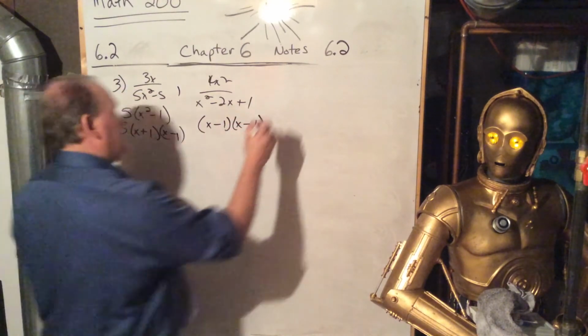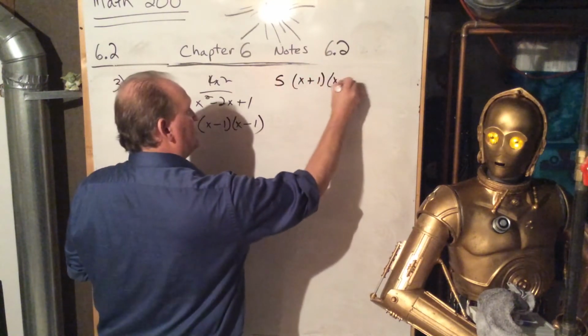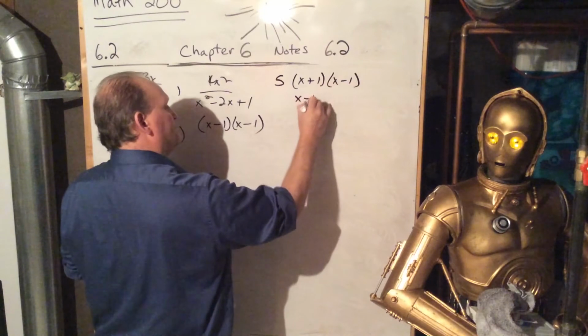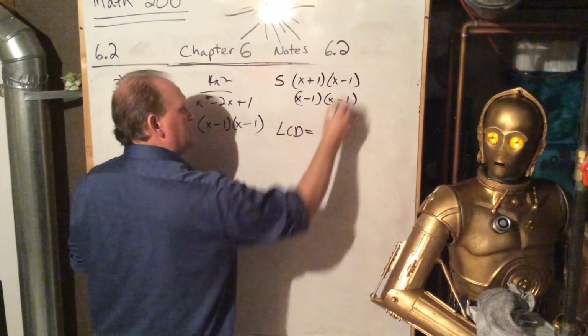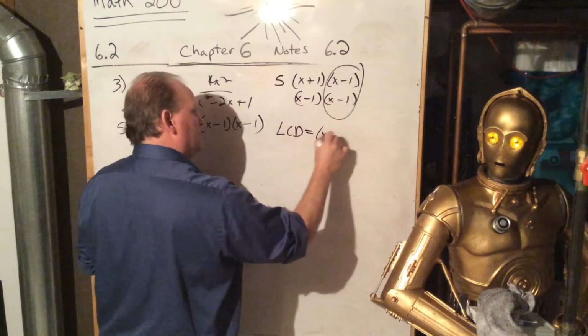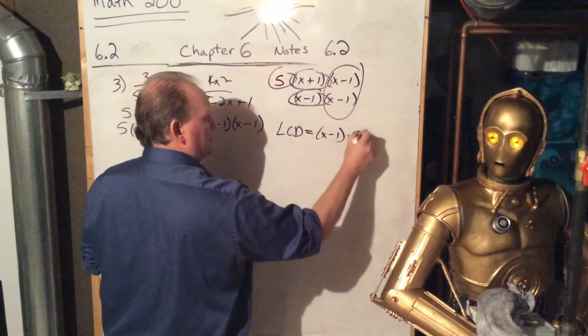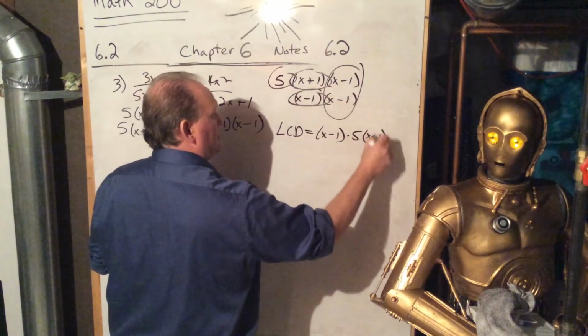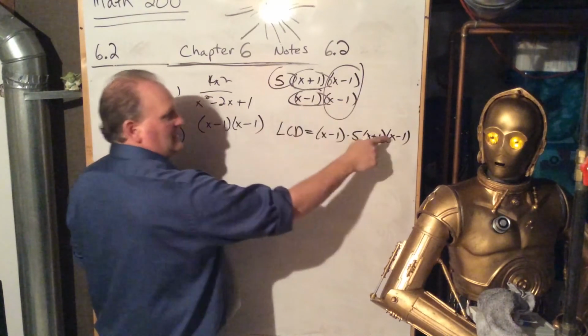So, if we stack them up next to each other in factored form, the LCD, we take what they have in common, and then all the leftovers. And even though we took this as a match, we also take that as a leftover.